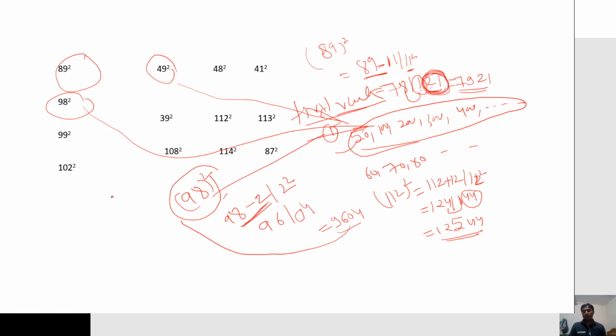Next example, 49. 49 is how much less than 50? We compare with 50. Why? 50 is the base of 49. 49 is how much less than 50? 1 minus, so 49 minus 1 is 48. And for 50, all of 50 means half of 100, and half of 100 is 50.